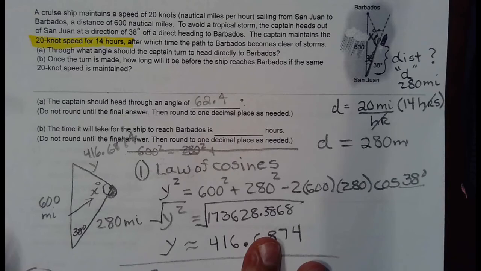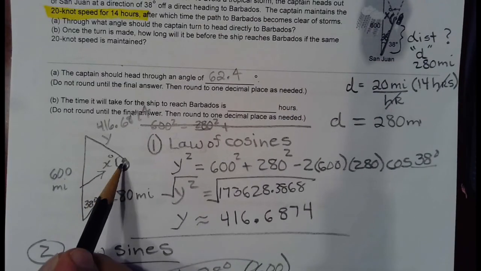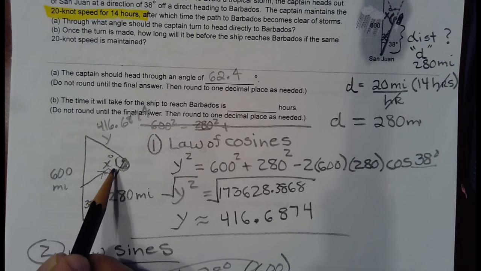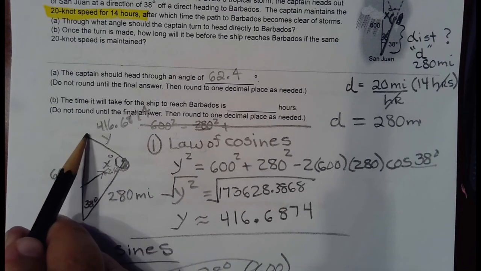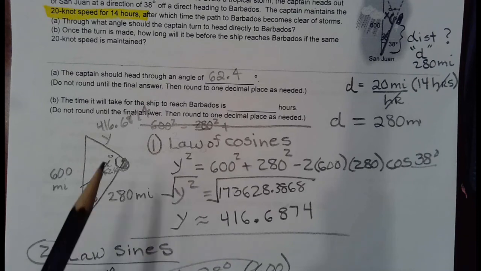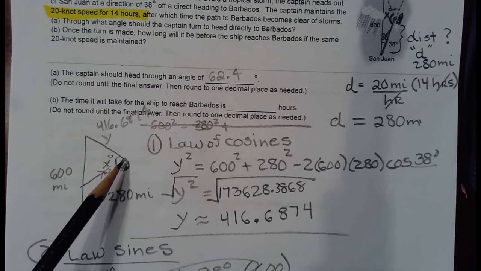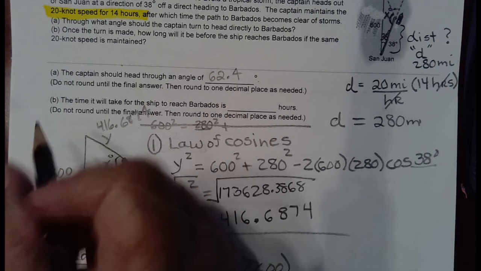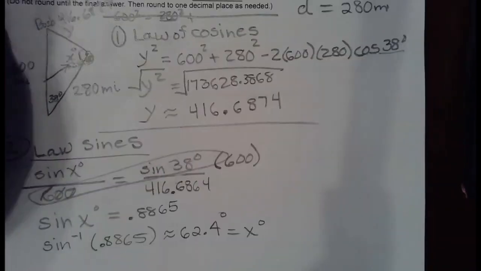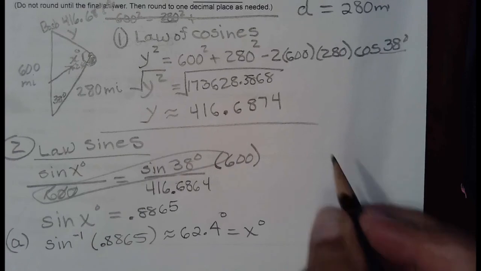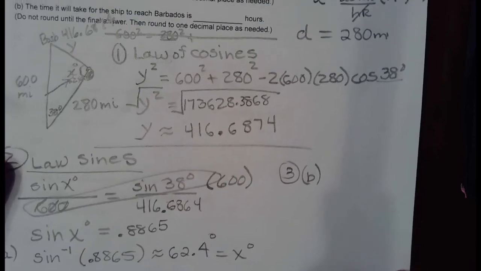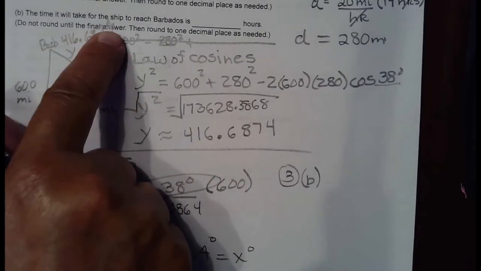So in step 3, and to answer part B, I can take the 416.6874, that distance in miles that I know you have to travel once it turns. It's still moving at the same pace at 20 nautical miles per hour. I'm going to go 20 miles to make the miles cancel out.